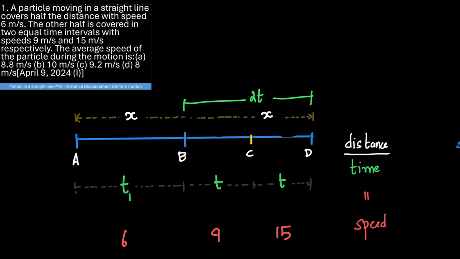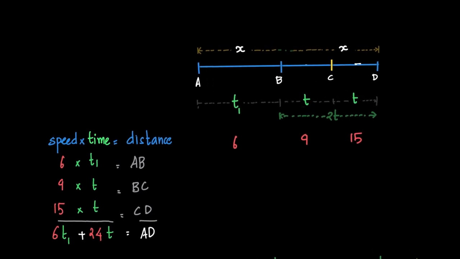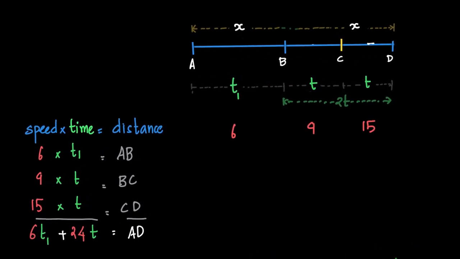Now we have distance by time is equal to speed. So X by t1 will be equal to 6. We don't know this value here, so we have BC by t would be equal to 9, CD by t would be equal to 15. Distance would be equal to speed into time, right? So what is AB?